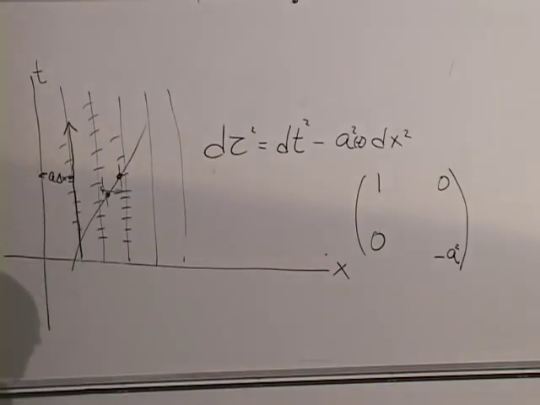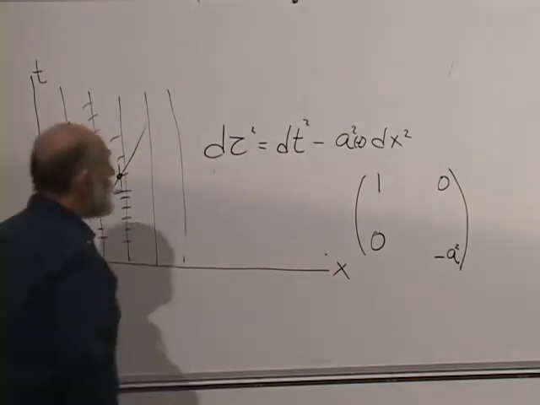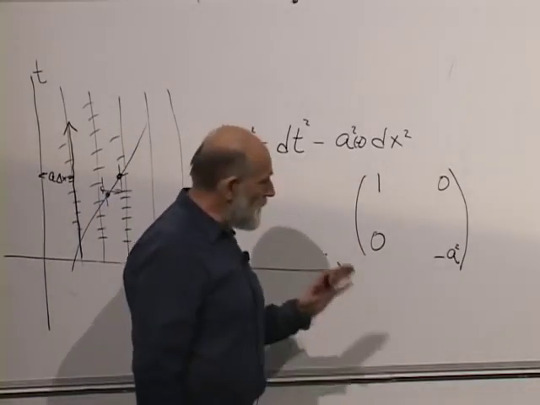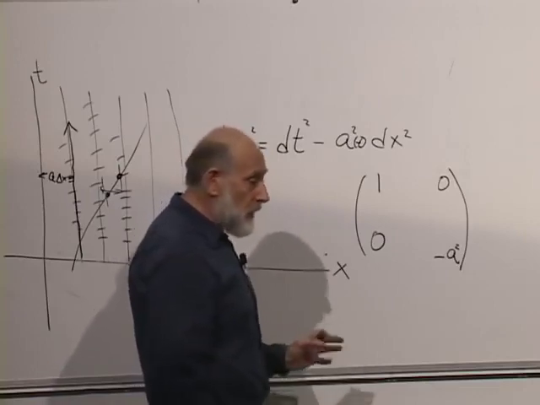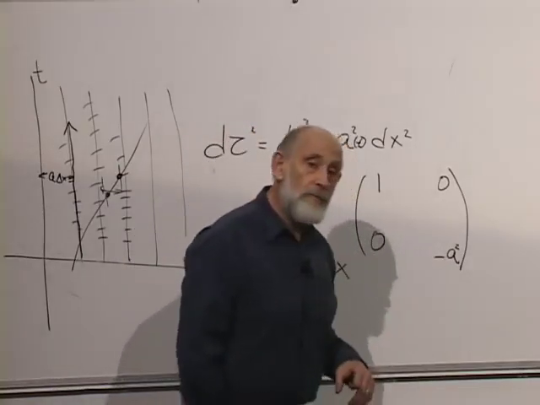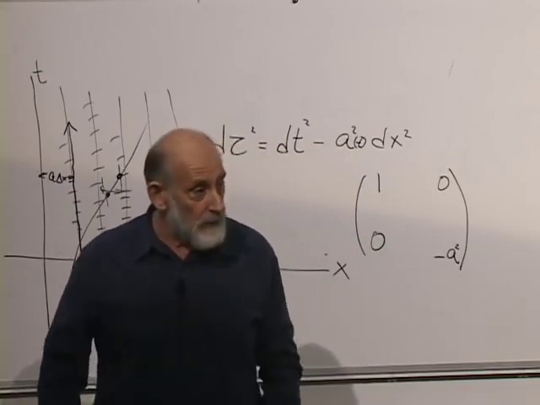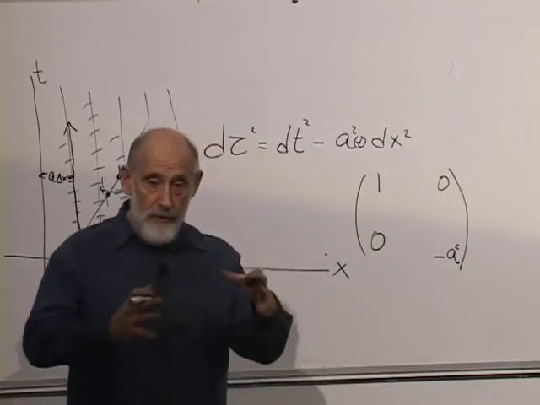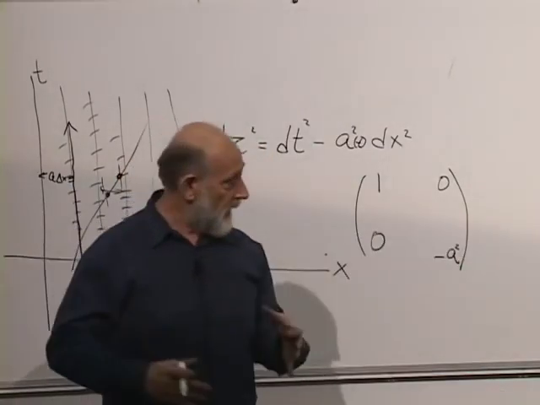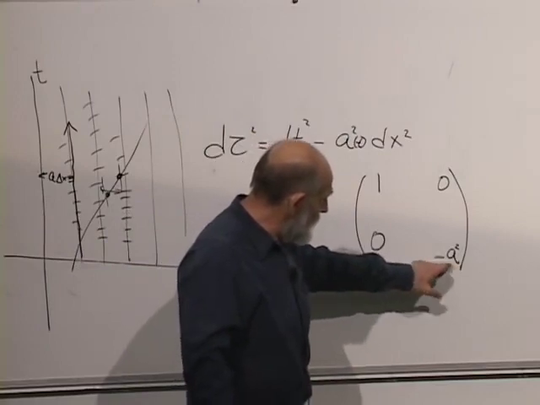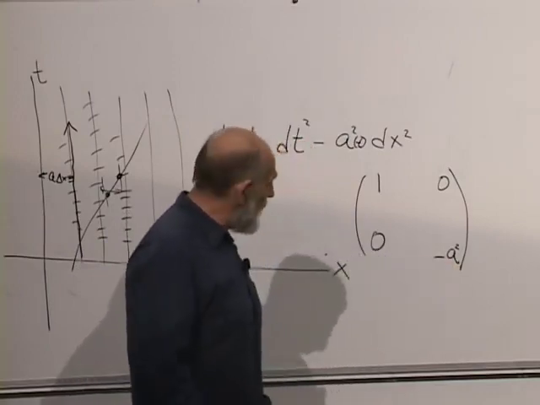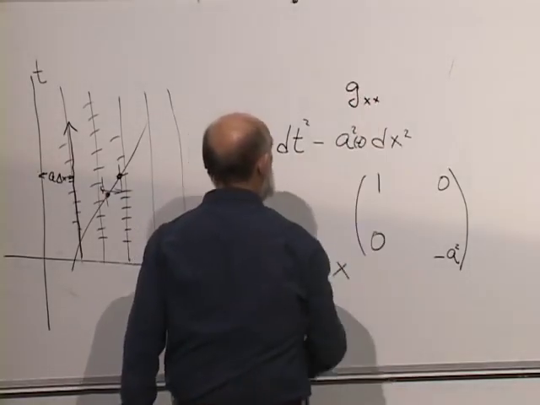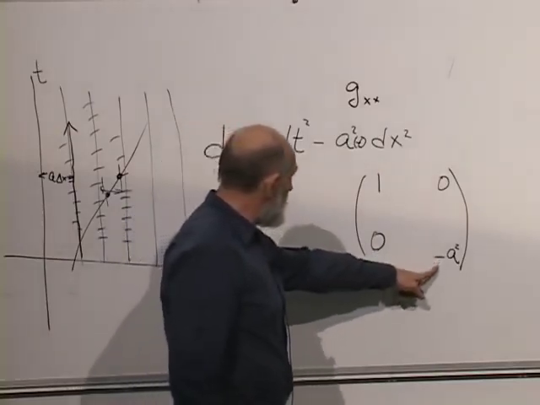And this is the general relativity description of this expanding space. The general relativity description of the expanding space, going back to last quarter, is that a certain component of the metric, the space component of the metric, is changing with time. That's the way you describe a geometry which is either being stretched or contracted. If the geometry is being stretched, then this component of the metric, we call it gxx, is minus a squared.